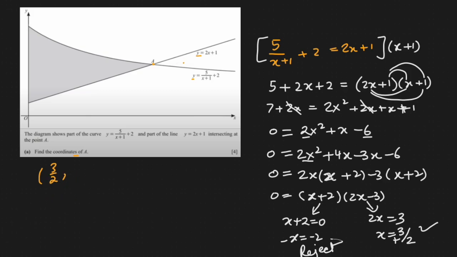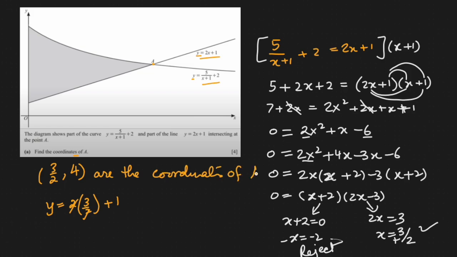To find the y coordinate, I can use either this equation or this equation. Doesn't matter because both of them are valid at A. So I'll use the easier one, 2x plus 1. So y equal to 2x plus 1: 3 plus 1, 4.